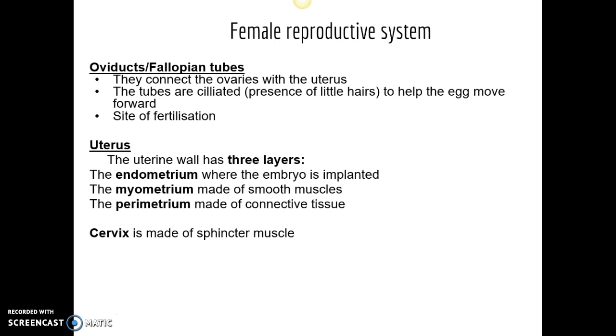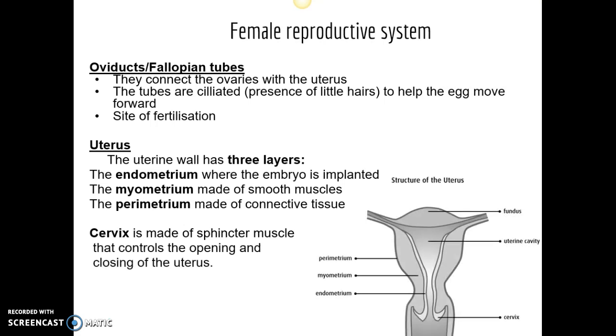The sphincter muscles are muscles that are like circular muscles that open and close in a circle. So when you hold the urine, you are closing a sphincter muscle in the urethra. There are many, the anus has a sphincter muscle, and the cervix is also a sphincter muscle that controls the opening and the closing of the uterus.